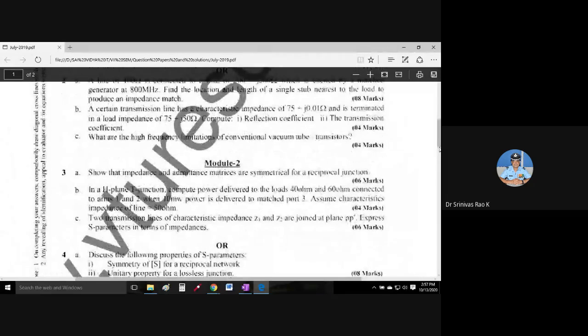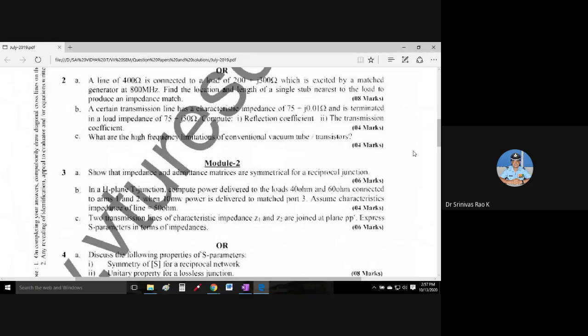The homework question assignment is: show or prove that impedance and admittance matrices are symmetrical for a reciprocal junction. It is a 6 marks question, but I will give it for 20 marks, so the assignment will be for 20 marks.